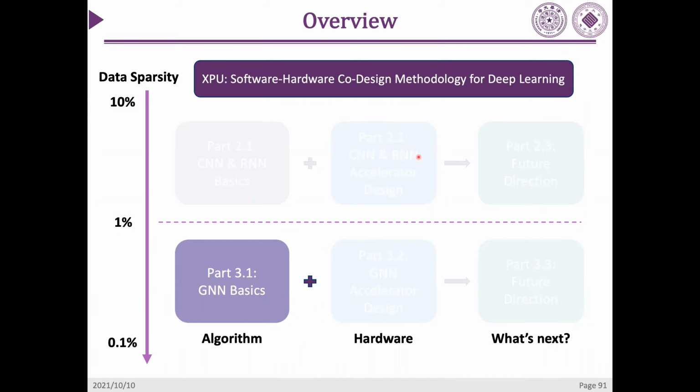So the sparsity is quite different here compared with graph neural networks. The graph we are talking about is also represented by a matrix, and that matrix contains less than 1% non-zero data.